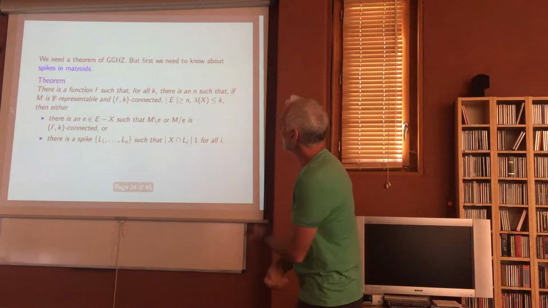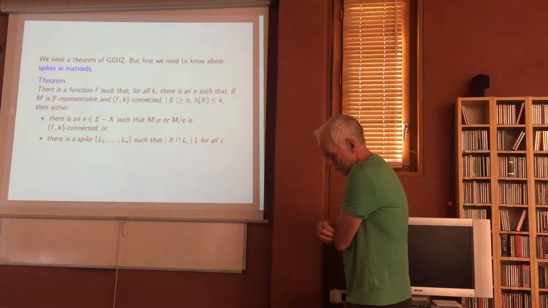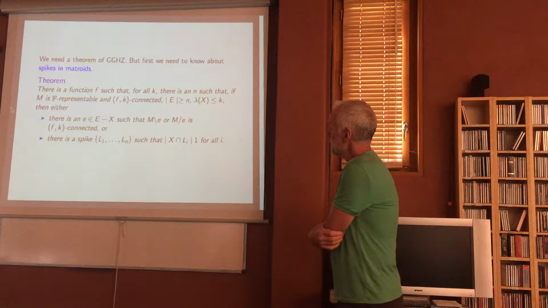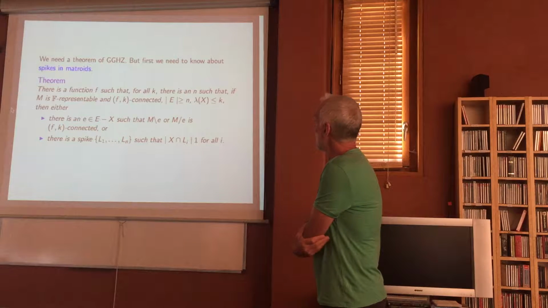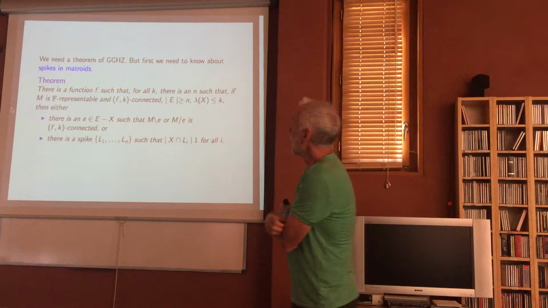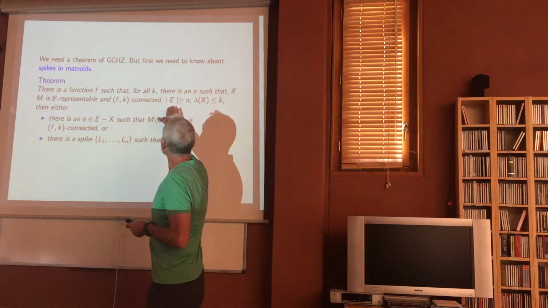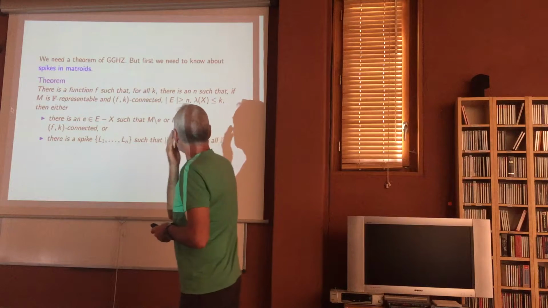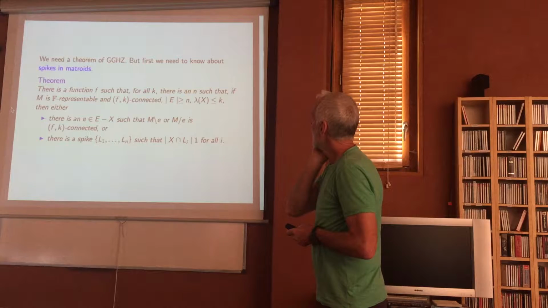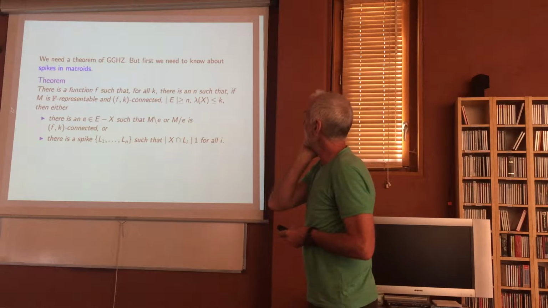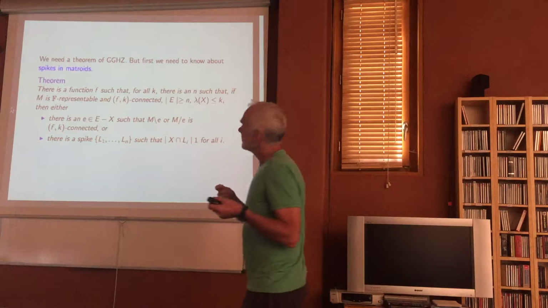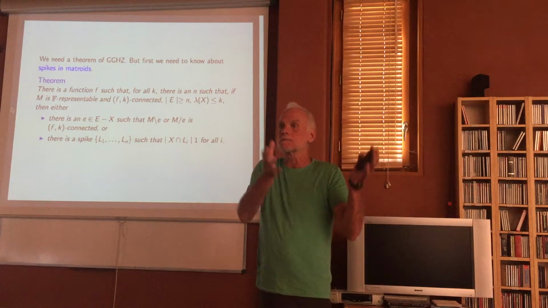Because we have this amazing, lovely theorem of the above four authors, which says that if you give me a matroid that's FK connected with some hypotheses, in particular, the size of the set E is very large, and it's FK connected, so I'm giving you a set with low connectivity, that's a set that's precious for some reason.